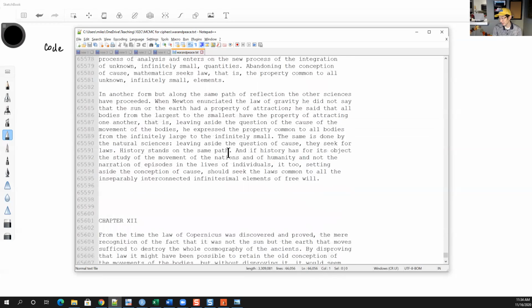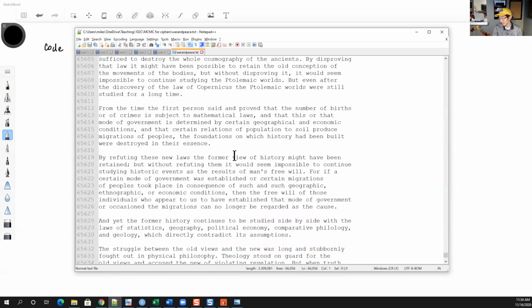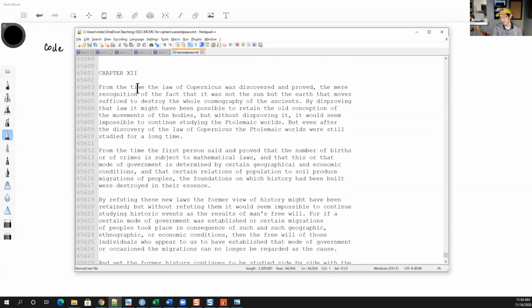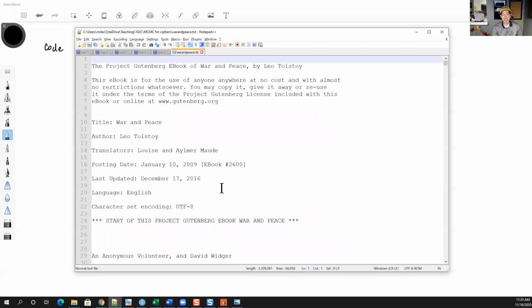The end of War and Peace goes: from the time the law of Copernicus was discovered and proved, the mere recognition of the fact that it was not the sun but the earth that moves sufficed to destroy the whole cosmography of the ancients. By disproving that law, it might have been possible to retain the old conception of the movements of the bodies. But anyway, this actually sounds kind of interesting.